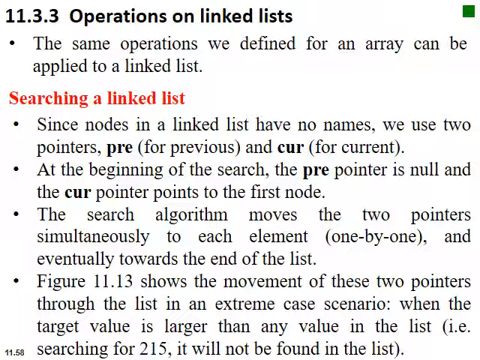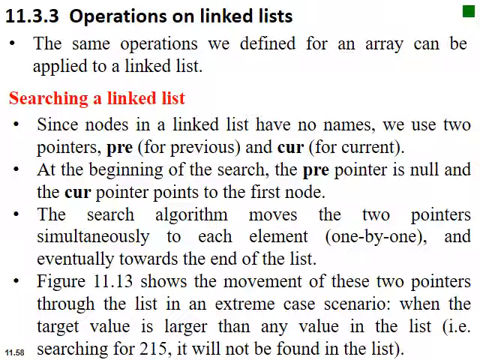And we're going to use the cur pointer, short for current, which is pointing to the current node of the linked list. Those two pointers need to be updated as we move along the linked list, and you'll see how that's going to happen.